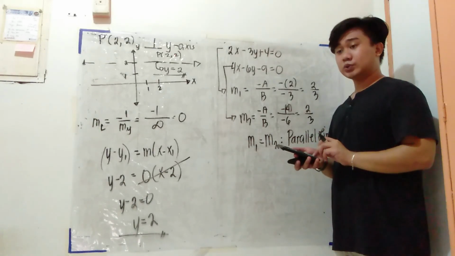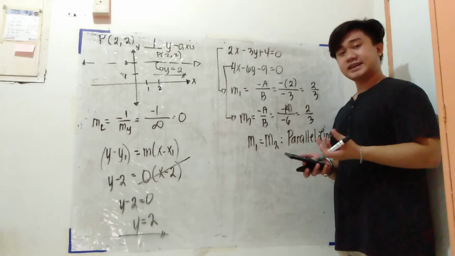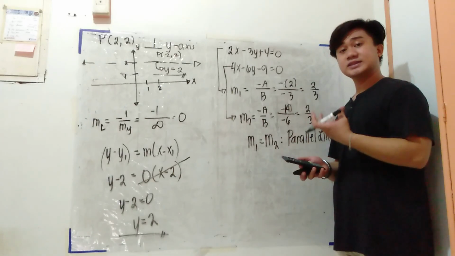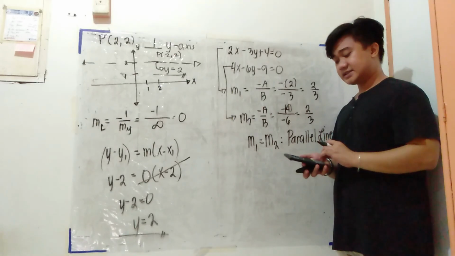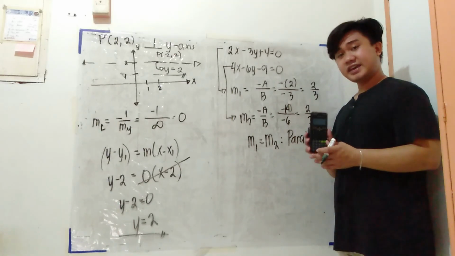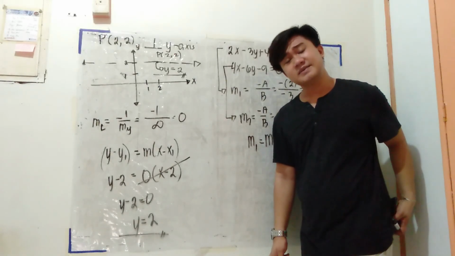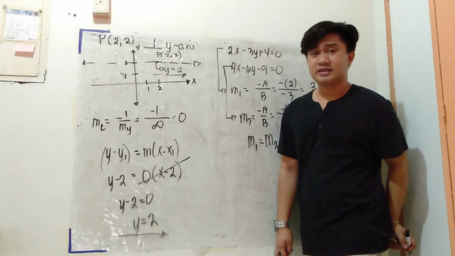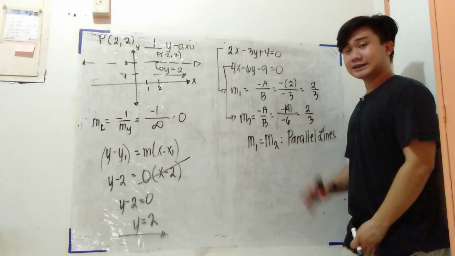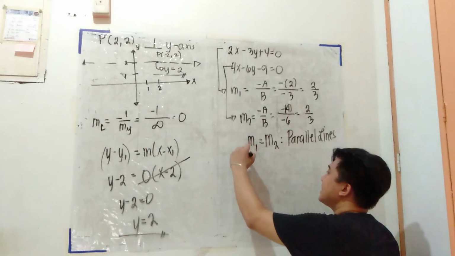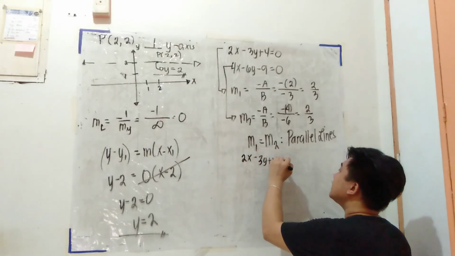So just type 2, negative 3, negative 4, because the equations are set equal to c in ax plus by equals c, not to 0. Then 4, negative 6, positive 9. A math error appears. When a math error appears, it means there is no intersection. And which lines have no intersection? Parallel lines.